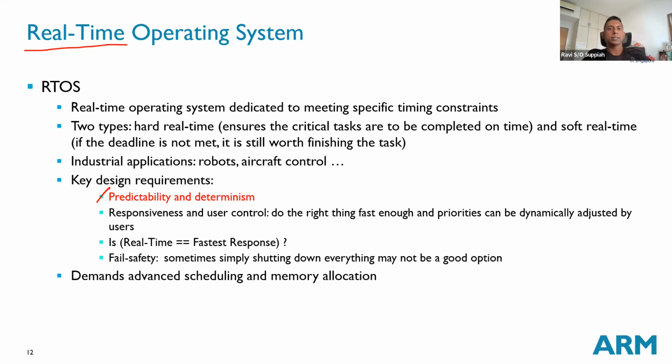Predictability means I can guarantee that if I press this particular button, this particular LED will light up. So I can always be very predictable about how the behavior is going to be. That interface or how the data is processed is always consistent, and it's deterministic in the timing sense.